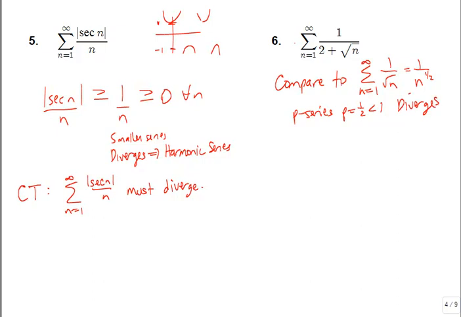So in order for the comparison test to work here, this one needs to be the smaller series so that the bigger series is forced to go to infinity, or forced to diverge, as well. So we need to establish that this one is smaller than this one. If we look at our two fractions, 1 over square root of n, which is the same as 1 over n to the 1/2, and 1 over 2 plus square root of n, this is adding to our denominator, which is going to make the fraction get smaller.